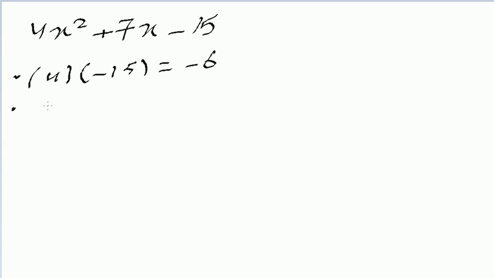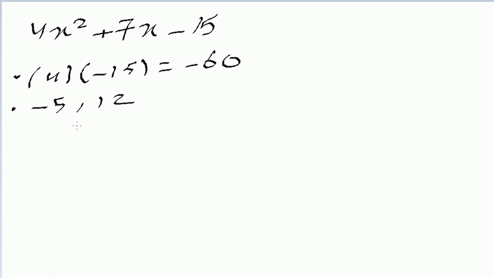The second step is to think of two factors of 60 that add up to 7. Two factors of 60, what does it mean? This means numbers that divide 60, and remember, they can be positive and negative. Here, the two numbers are going to be minus 5 and 12.